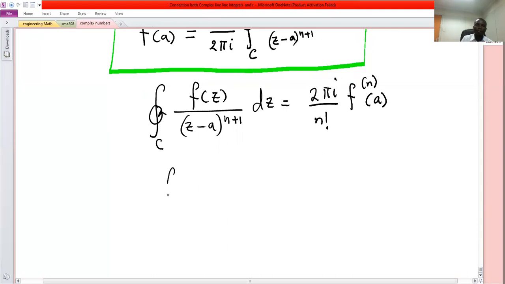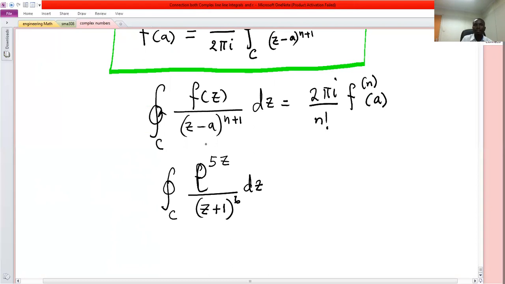Now our problem is to integrate f of z, which is given by e raised to power 5z over z plus 1 to the power 6 dz.